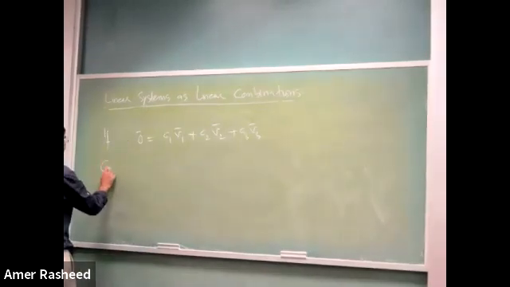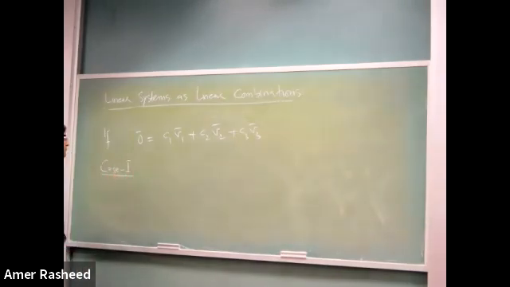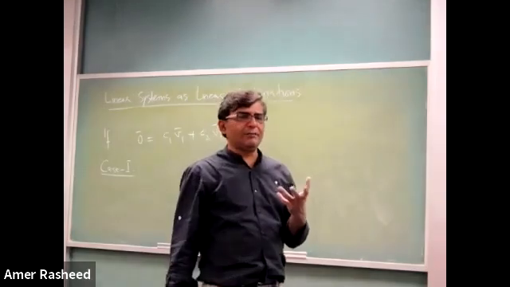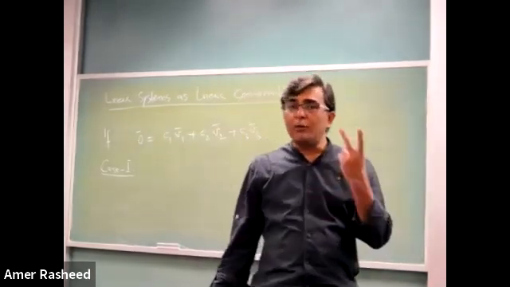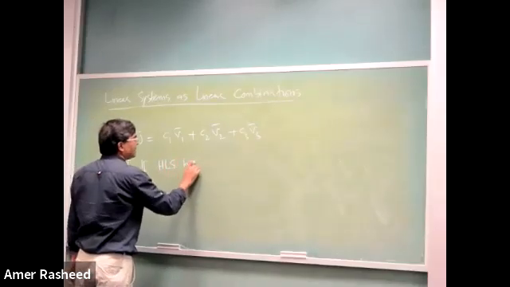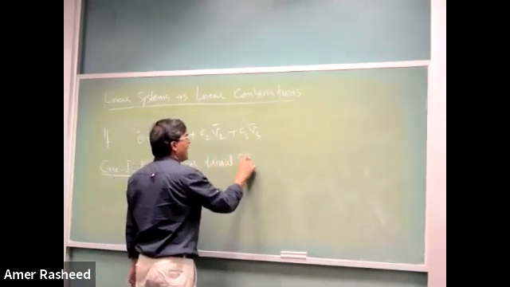Then we have two cases. Case 1. How many possibilities are there for the solutions of a homogeneous linear system? There are 2 possibilities. Which ones? Sir, unique solution or infinite solutions. If this homogeneous linear system has a trivial solution, or you can say a unique solution.